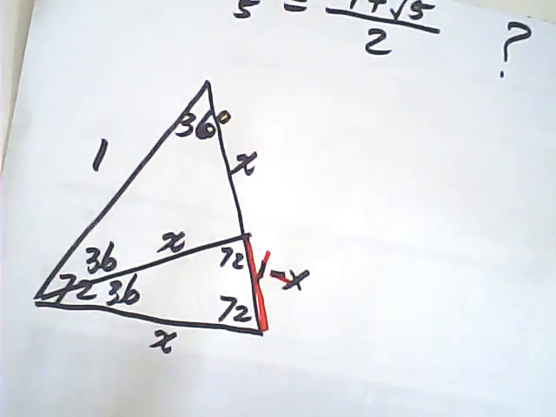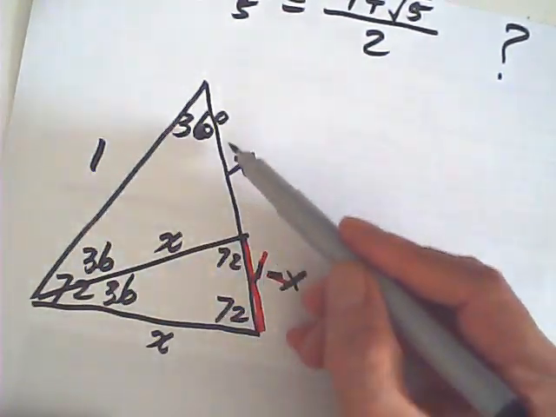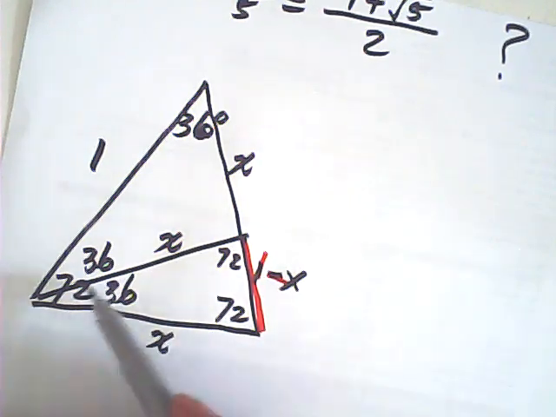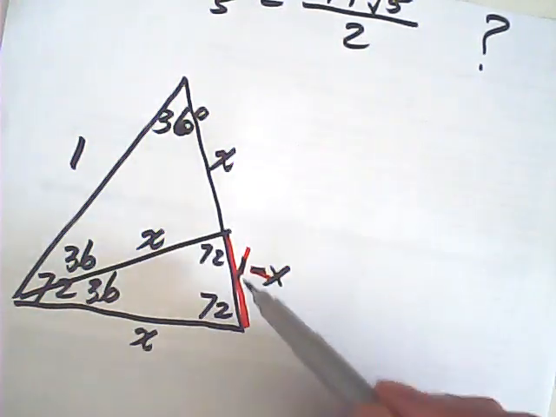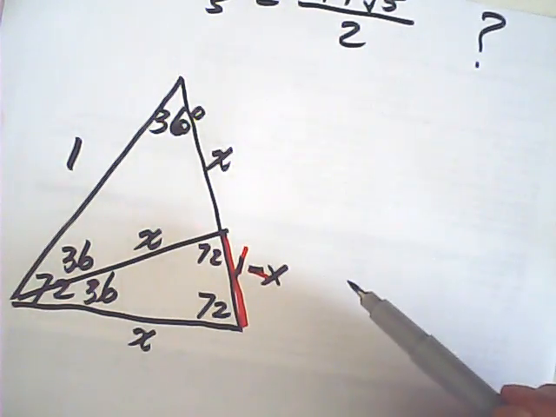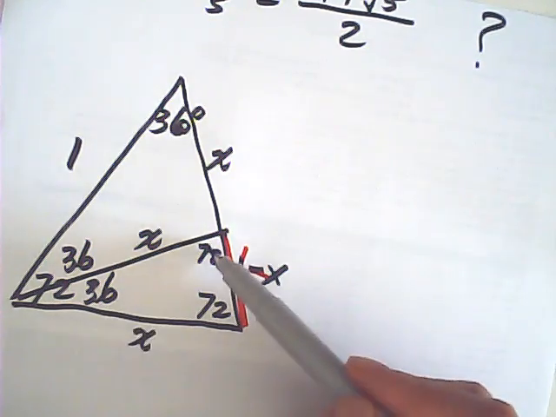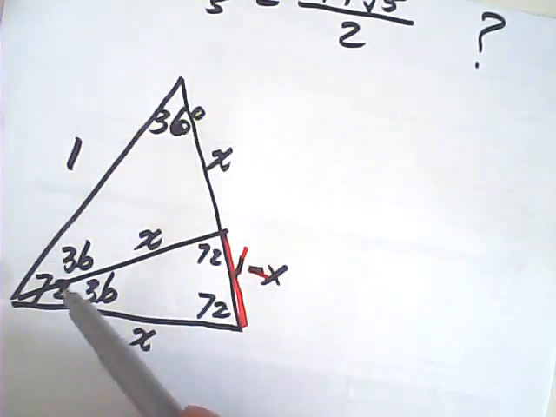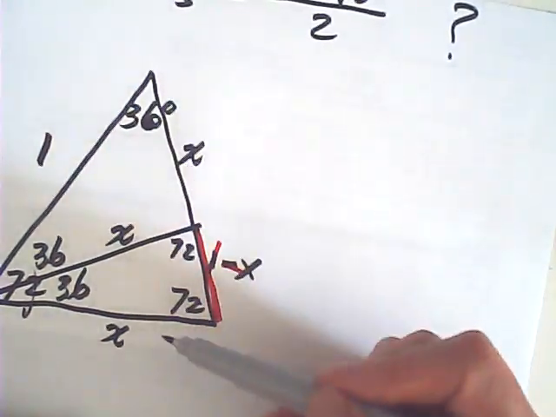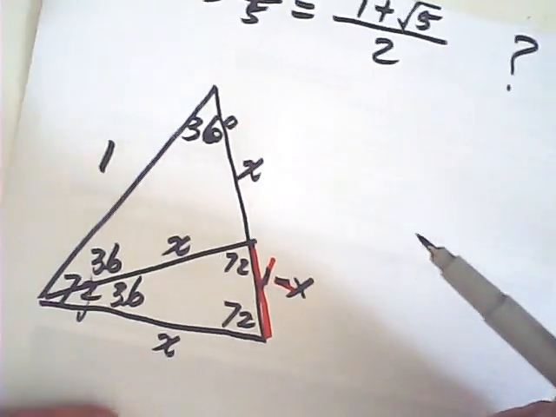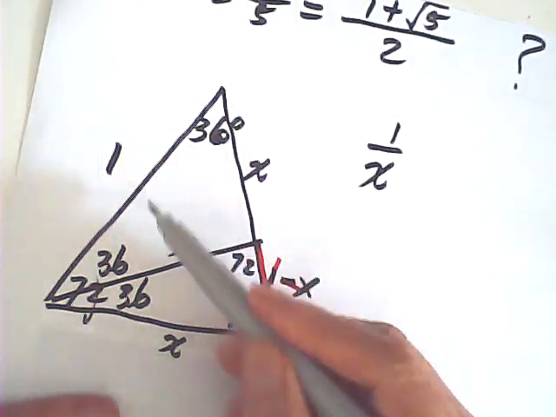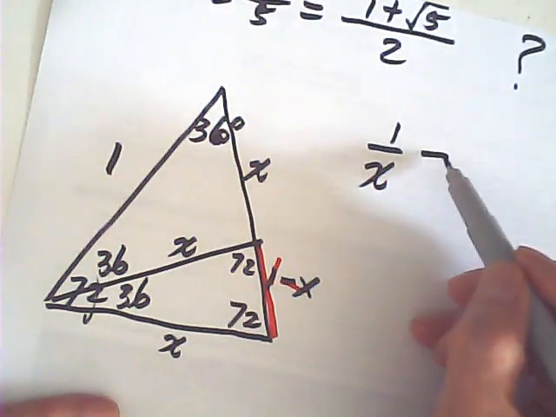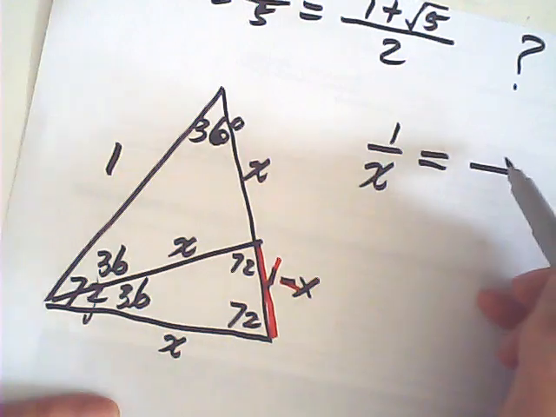And also we know that this triangle and this triangle are similar triangles because corresponding angles are equal. 36, 72, 72, 36, 72, 72. Therefore, all the sides are proportional. So 1 over x, 1 to this 1, will be equal to x to this.